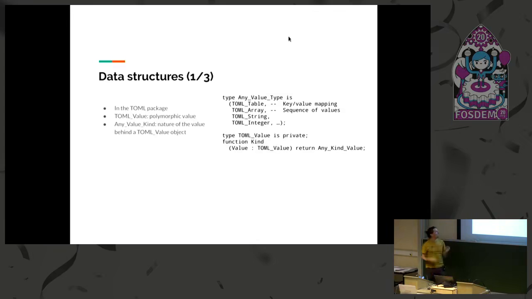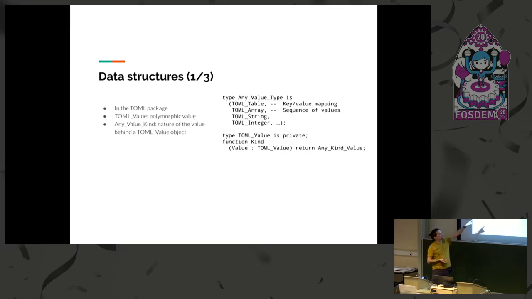So the first part is the data structures, the containers. It's very simple. You have two types, so TOML value and any value type. So TOML value is what could be any value in a TOML document. It could be a table, a mapping between key and values. It could be an integer, a string, or any other data type allowed by the TOML format.